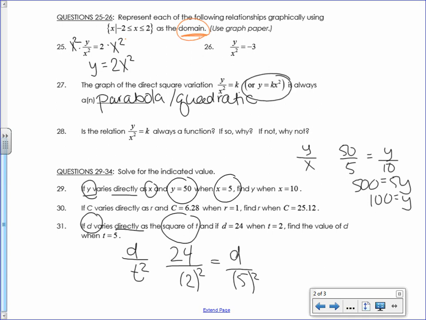So you're putting a 5 squared in that denominator. So we can do a little baby step. This is really 24 over 4, which equals d over 25. Cross multiply. 24 times 25 gives you 600 equals 4 times d. Divide by 4, you get 150.